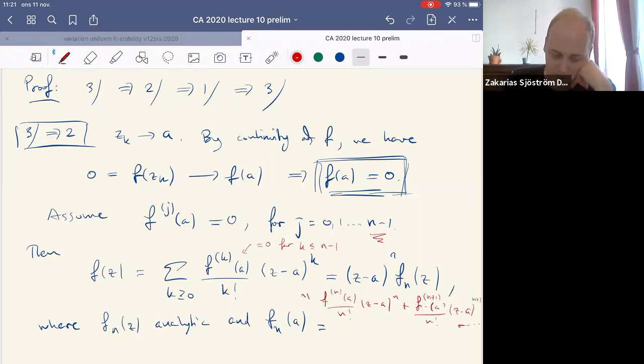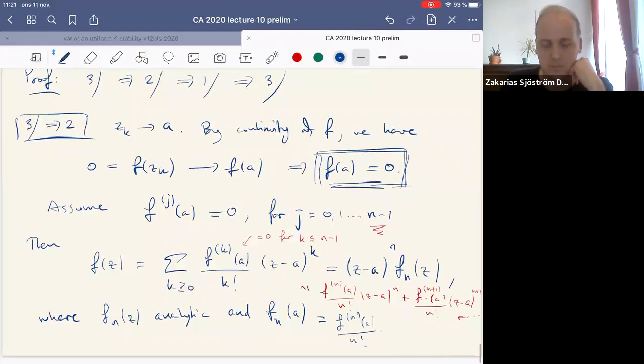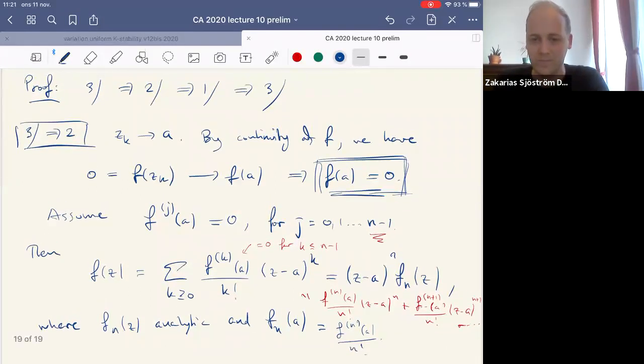So when I plug in z equals a after having factored out the (z minus a) to the n, then of course this one will still be 0. So everything else will be 0, and f_n of a will just be equal to the nth derivative divided by n factorial. Is that okay? Okay.